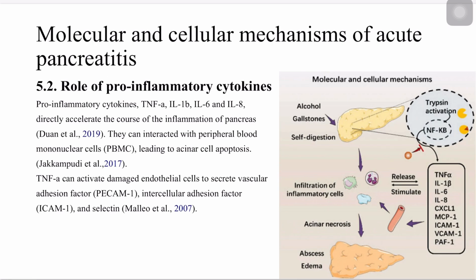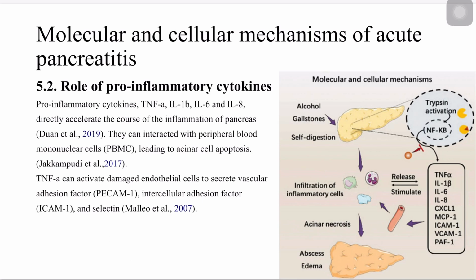And the role of the pro-inflammatory cytokines, usually tumor necrosis factor, interleukin 1B, interleukin 6, and interleukin 8, directly accelerate the cause and course of the inflammatory process and inflammation.